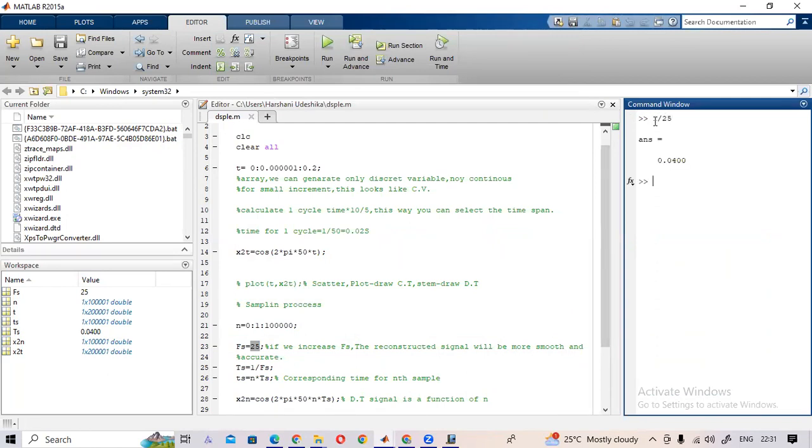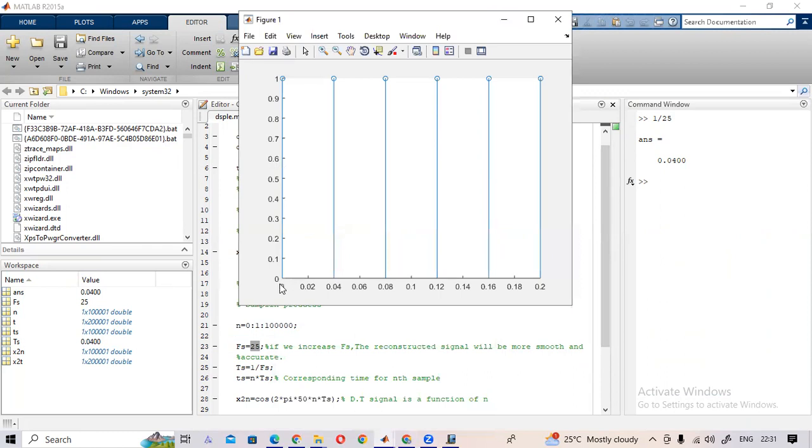The first sample you get at 0, the second sample at 0.04, and the corresponding amplitude is 1. Again after 0.04 you get another sample, and so on.